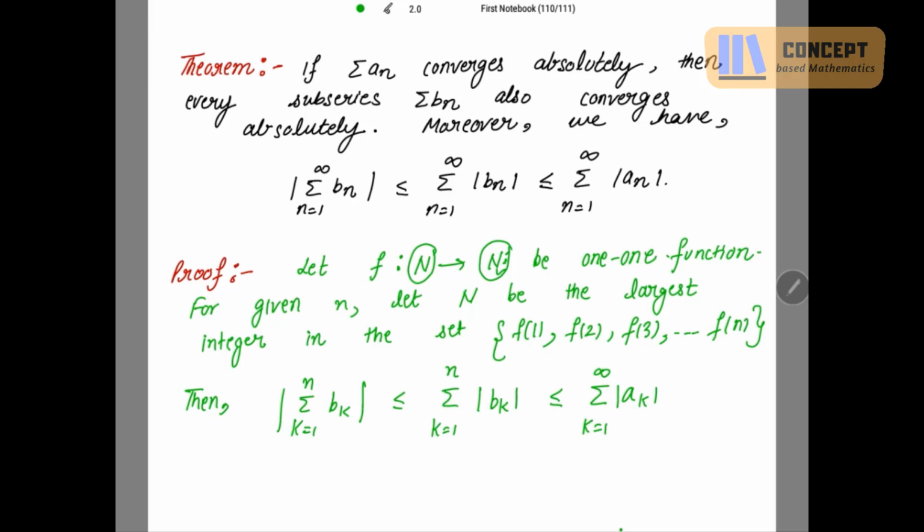Now, because here the mod of bn I'm having to infinity, so let's take the infinity limit.